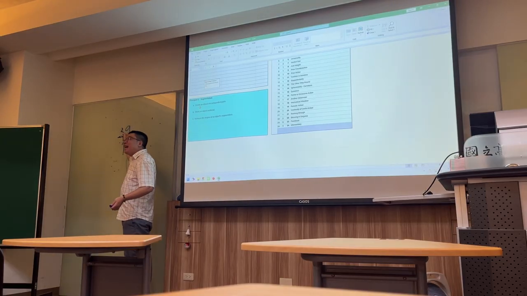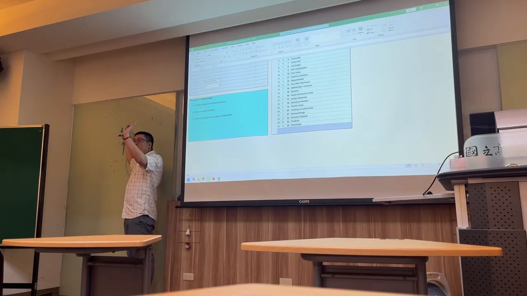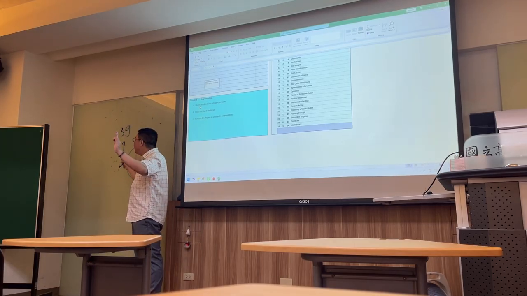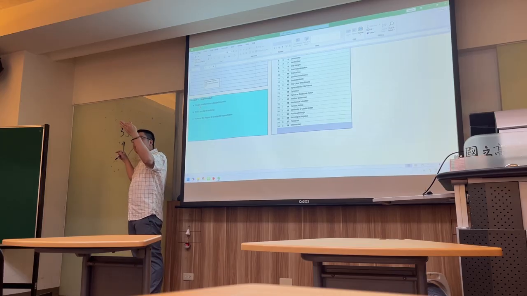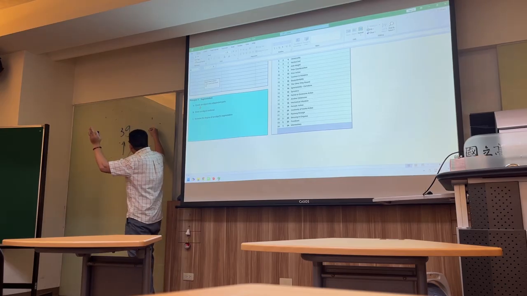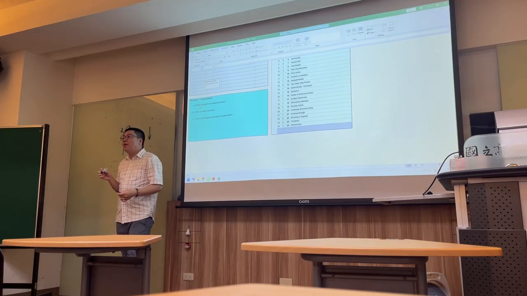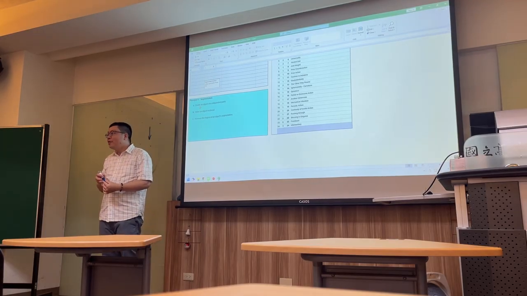So among the 39 parameters, you have to read them and identify which parameter you need to increase, enhance, or improve. And at the same time, which parameter needs to be decreased, removed, or reduced.